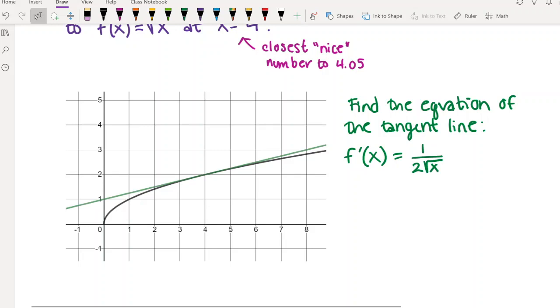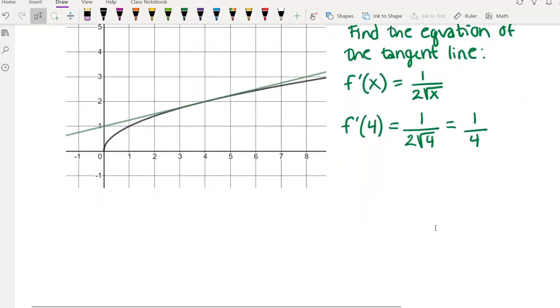That comes from x to the 1/2 becoming x to the negative 1/2. So we want to plug in 4, if we're trying to find the tangent line at x is equal to 4. That gives us 1 over 2 root 4, which is 1 over 2 times 2, which is 1/4. And so that tells us that the slope of the tangent line is 1/4.